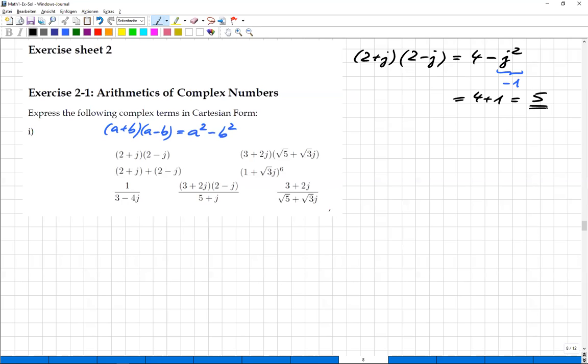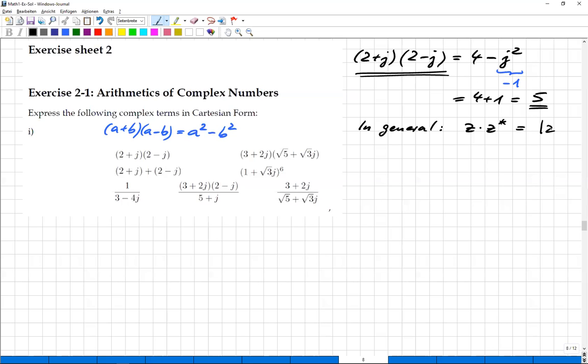Also, this is a special case which is worth noting, because generally, in general, it holds that a complex number z multiplied by its complex conjugate, as you know, denoted with this star, this asterisk as a suffix, is the so-called, in German we say Betragsquadrat.